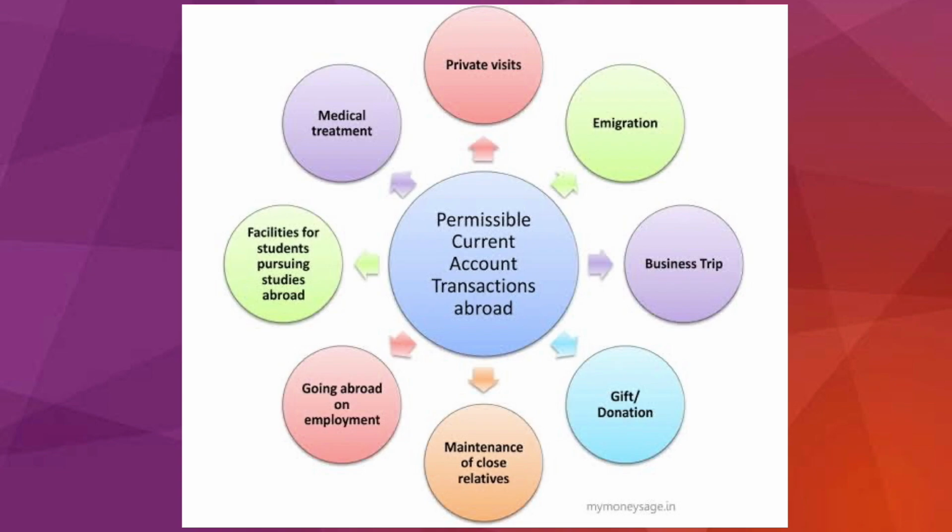That means you are living abroad and sending money for your parents who are living in India, for medical treatment, etc. Or going abroad on employment, right? You have an employment visa and all. Facilities for students pursuing studies abroad, medical treatment. Now remember, all these transactions are called current account transactions.